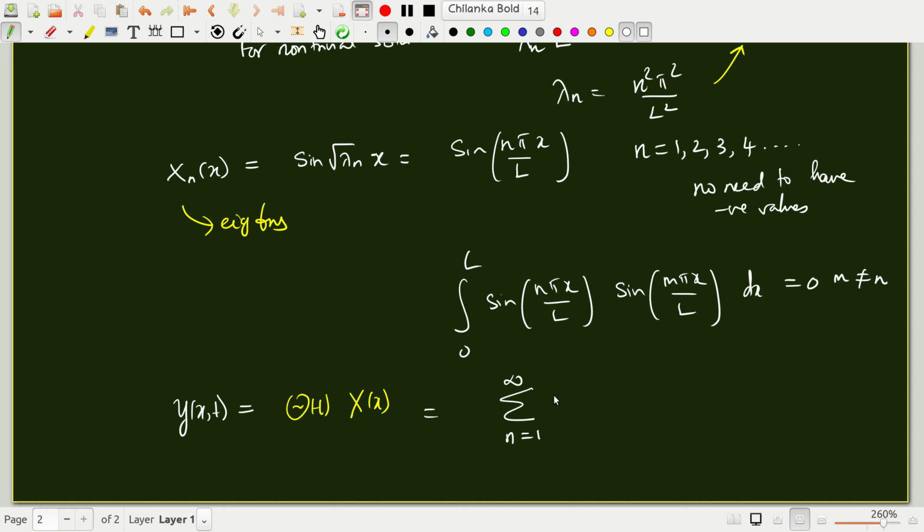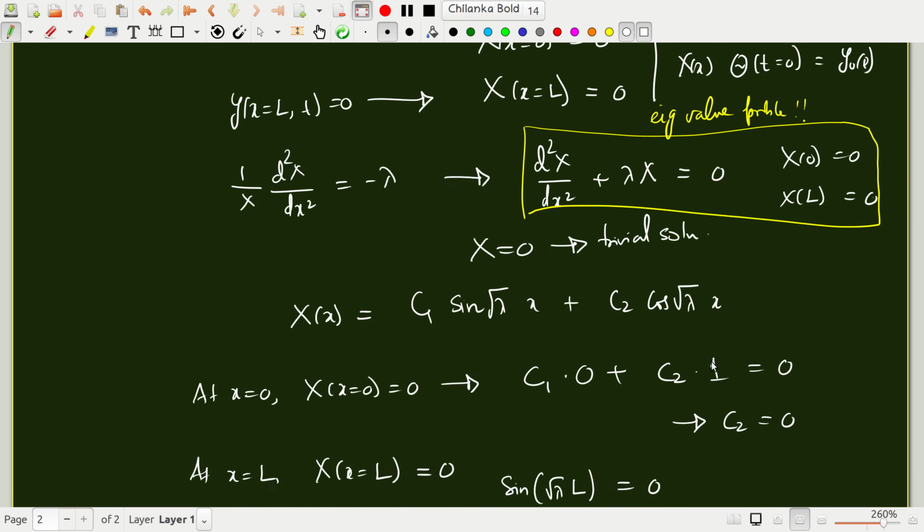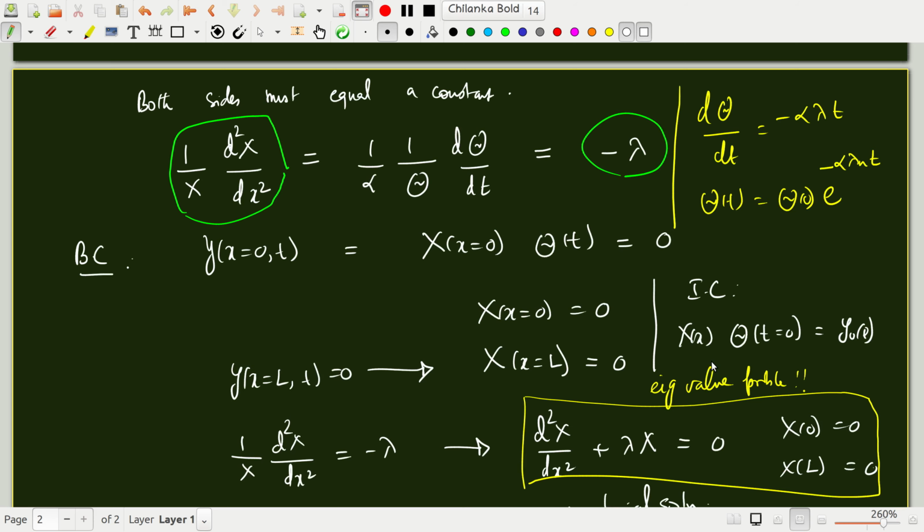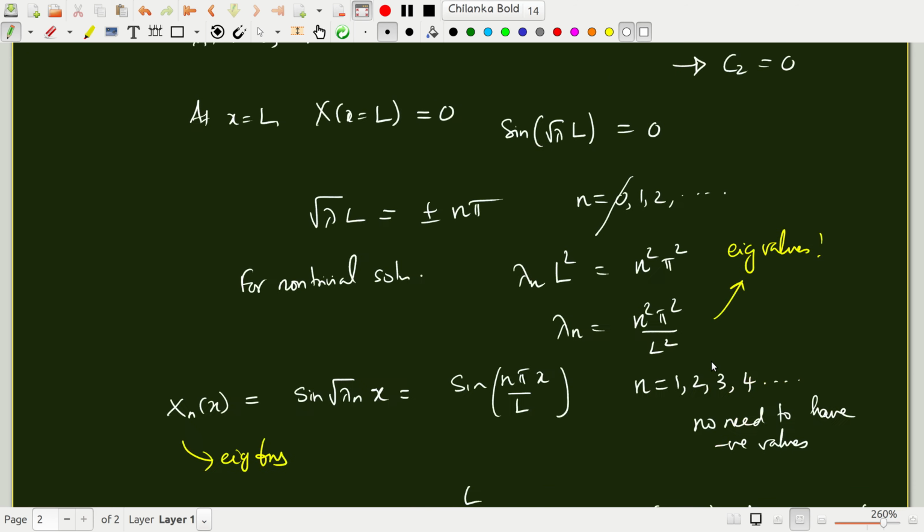For each of these eigenfunctions, theta of 0 can be written as some constant a n, times sine root lambda n x, times e to the minus alpha lambda n t.